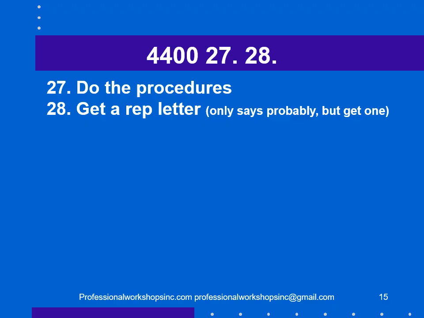So 27 and 28 are do it, do the procedures, and get a rep letter. Very important. It says only probably get one. You don't have to, but get one. And for instance, in the example provided where they've got the engaging party, which is the third party, and they've got the responsible party, who's management.